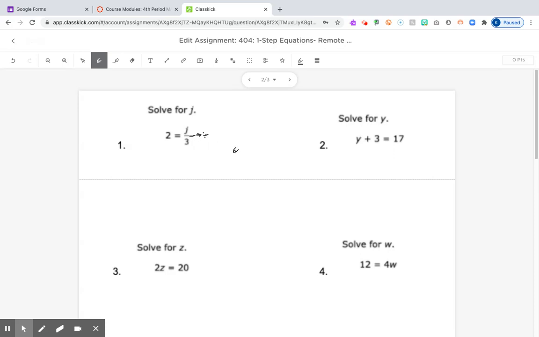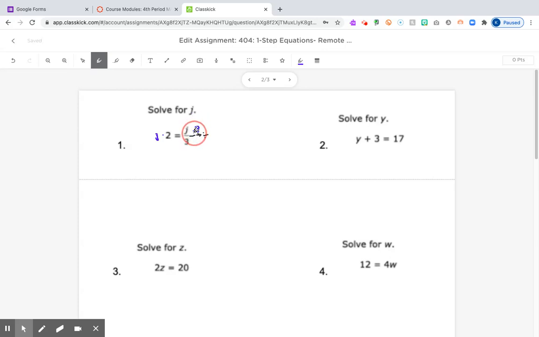So we are going to multiply both sides by 3. So we're going to multiply, let me change colors. This one's kind of blurry. Sorry, guys. We're going to multiply this side by 3, and you're going to multiply this side by 3.